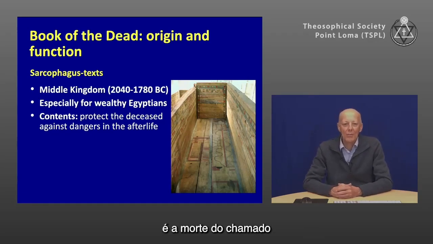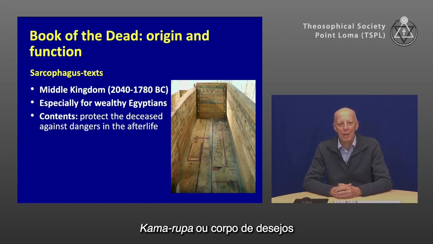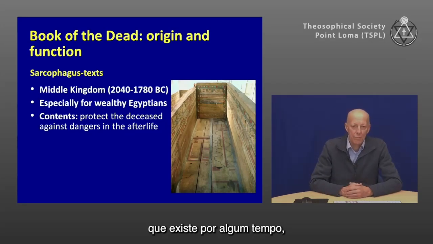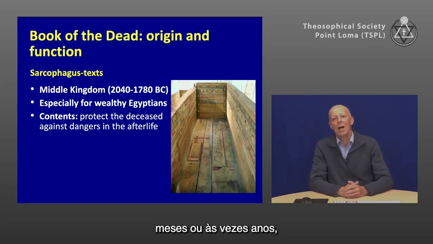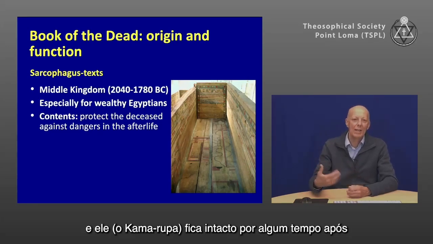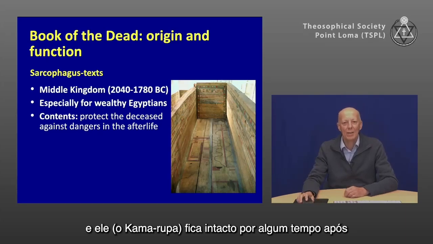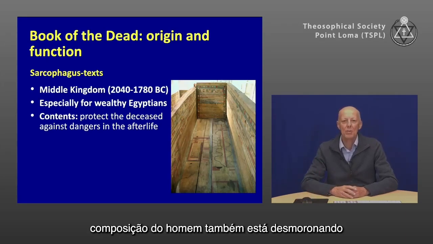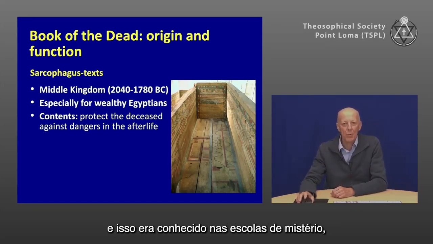It is the death of the so-called Kamarupa or desire body, which exists for some time, months or sometimes years, after the material body has been laid down, and then that part of the composition of man also falls apart. And that was known in the mystery schools.